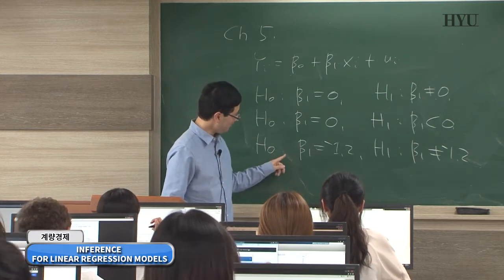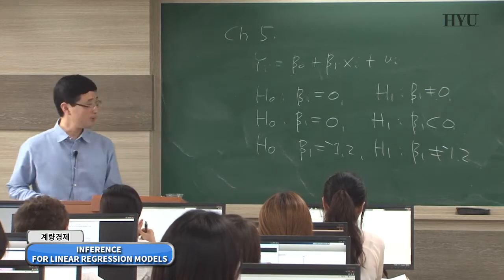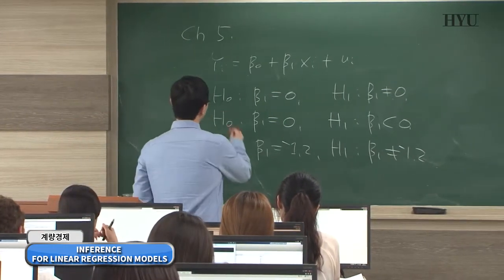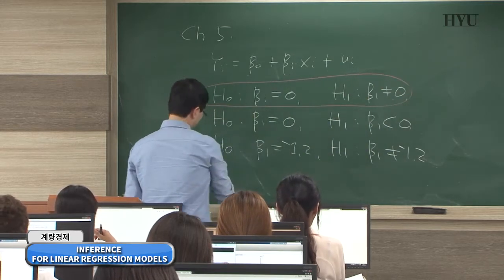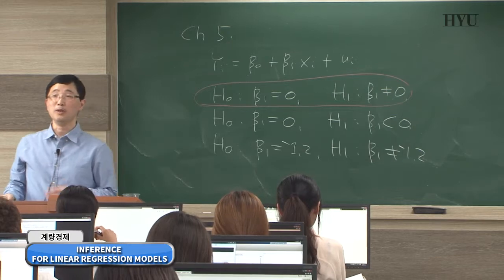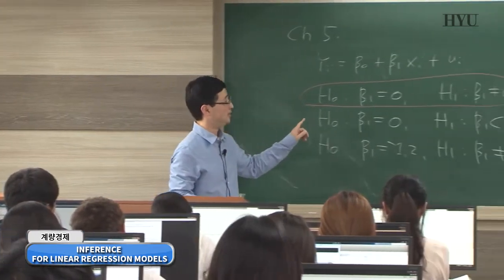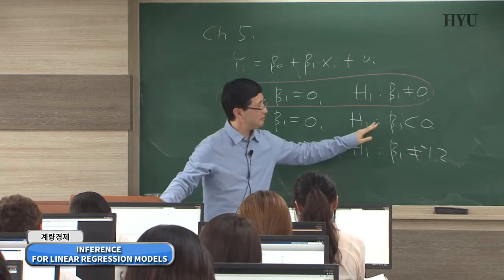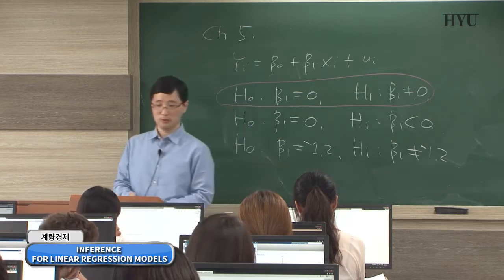So here, the null hypothesis is kind of very specific. Okay, so out of all these possibilities, we are going to study this one because that's what we ask in most cases, but you can extend it and ask how to make a decision between these two, or you can ask how to make a decision between these two. Okay?